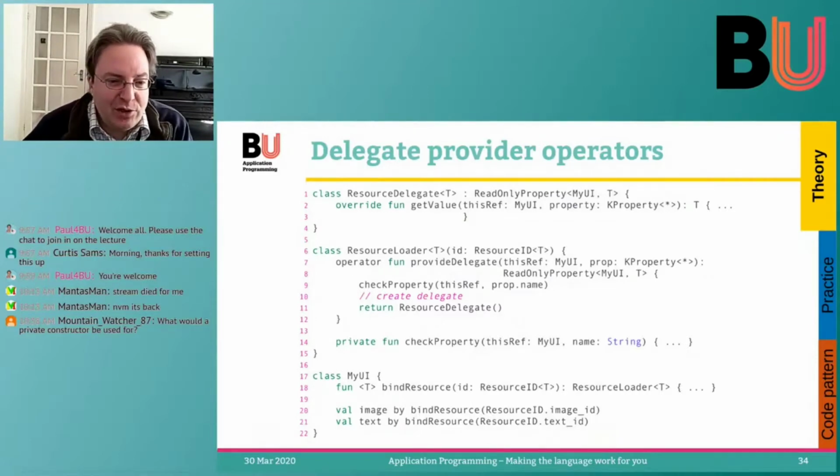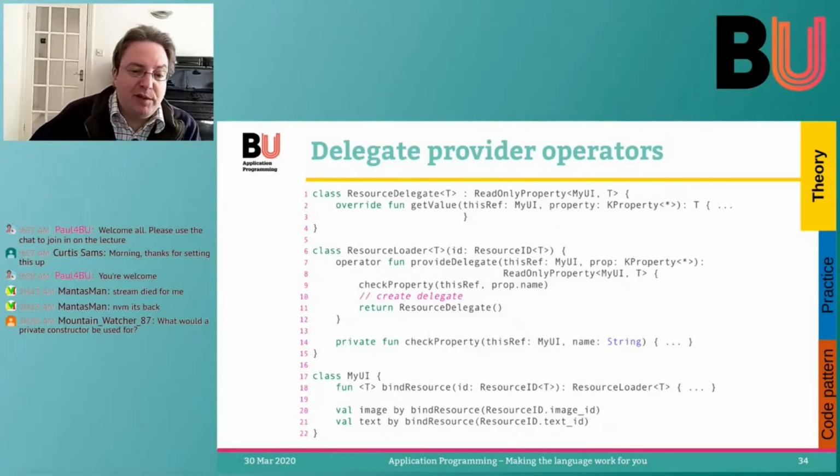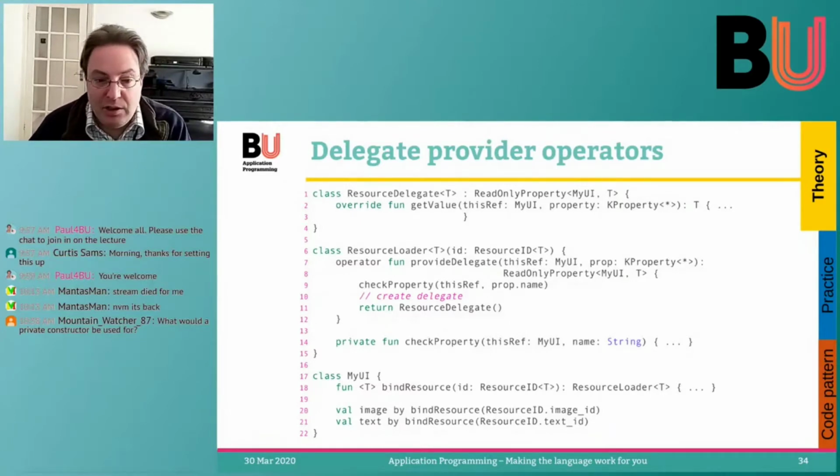And this allows us to be there in the construction phase. And this can be very powerful. One of the things is that in the construction we now know the property. So if we look at the class myUI, what we can see here is that we have the bind resource id.imageID, but we now already know the name.